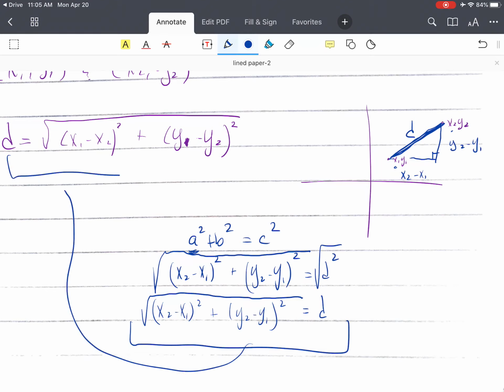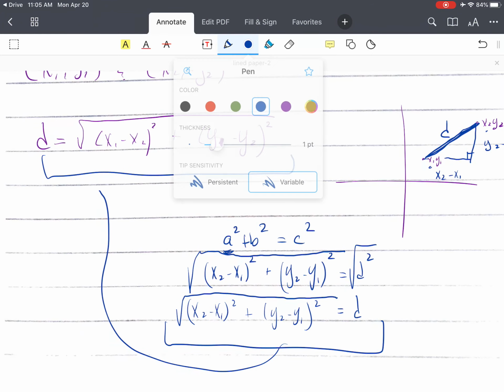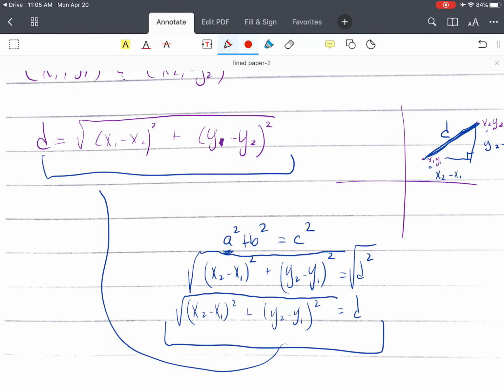And that's exactly the formula that we have up here. This is called the distance formula, because you use it to find the distance between 2 points.